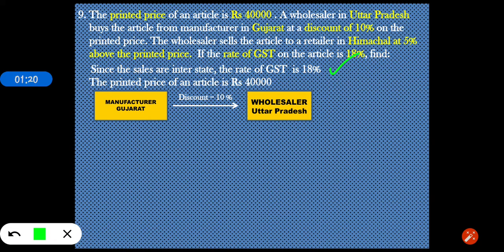The printed price is rupees 40,000 and according to the problem, the manufacturer who is in Gujarat is selling an article to a wholesaler who is in Uttar Pradesh, giving him a discount of 10%.